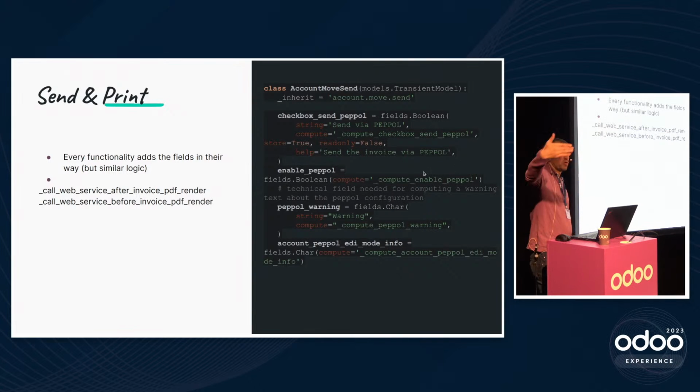Because in some countries you don't want to send PayPal, and in some countries, in fact, if you have a Chilean EDI, you only want it for your Chilean company. So this determines whether this field is visible. And sometimes you will put a warning in the wizard as well, if for example you haven't signed up for PayPal yet, or some info.